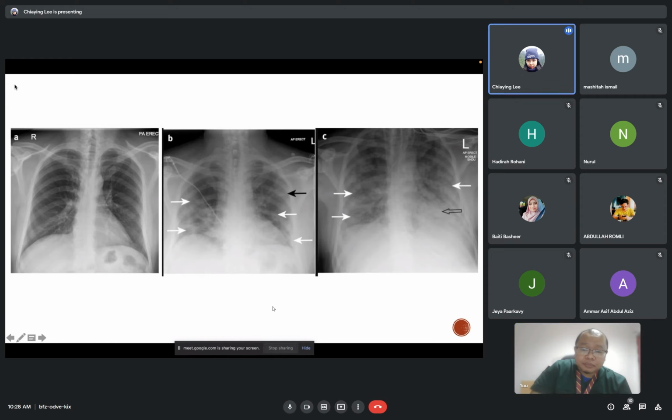So here it shows a series of X-rays. Over the most left side, it's actually all the same patient. This one is before admission. A few months before admission, the patient actually had a normal X-ray, and then the middle one is when the patient started to develop COVID pneumonia. You can see the ground glass opacities over the periphery of both lungs, especially over the mid and lower zone.